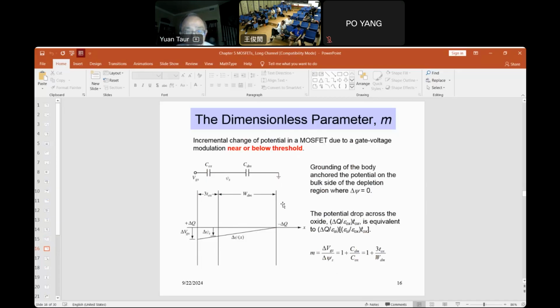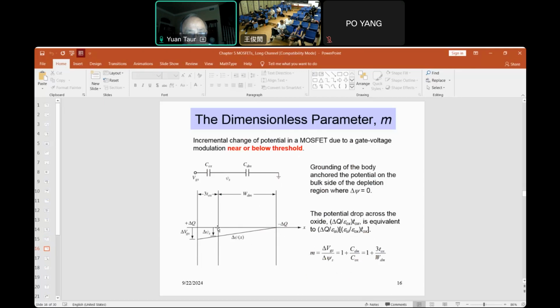So from the M point of view, you want WDM to be large. But this is for long channel devices. In chapter 6, we'll talk about short channel devices. It turns out that WDM cannot be too large, so for short channel, you have to choose a somewhat optimized M. In any case, the physical meaning of M is the ability for the gate to control the surface potential.